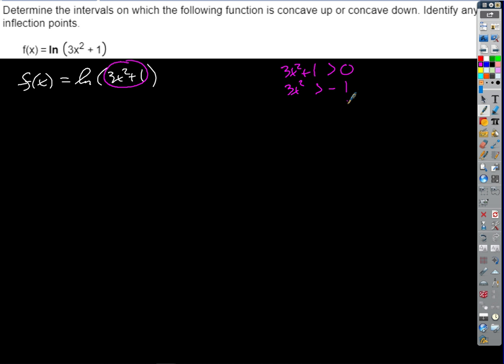So the domain of this thing, even though it's a log function, is all reals. As far as the log's concerned, we just can't give the log anything other than a positive number, but we always do, right? Because x squared is always positive for all real valued numbers, and if I'm adding 1 to that, it's always greater than 0. So our domain is everywhere.